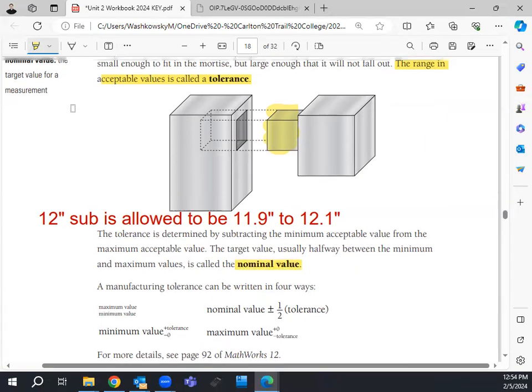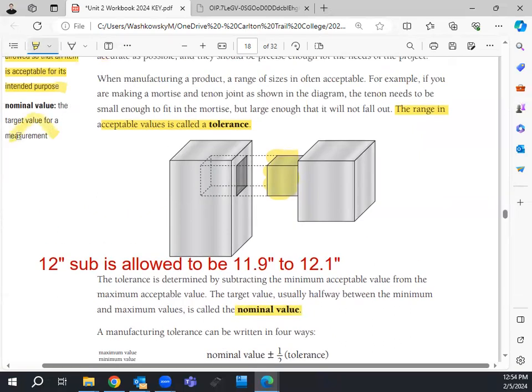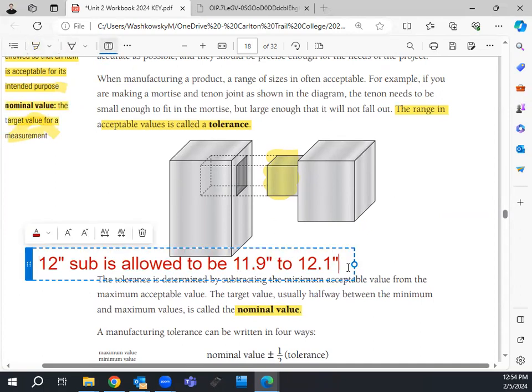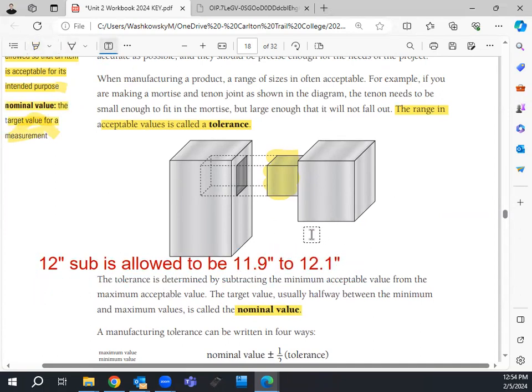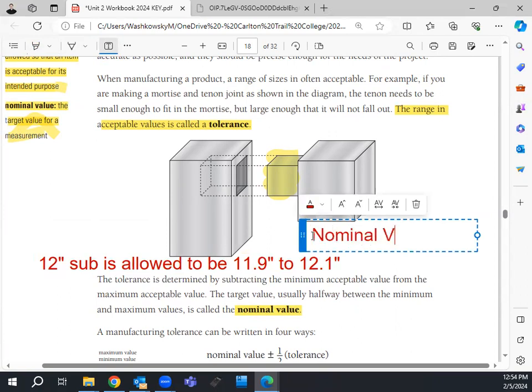The nominal value is the target value for a measurement. In this sub case, the nominal value would be 12 inches, right? They're saying it's a 12-inch sub, but they're okay if it's a little bit longer or shorter. That's the difference between the nominal value, our goal, and the tolerance, which is that we're okay if it's a little bit off.